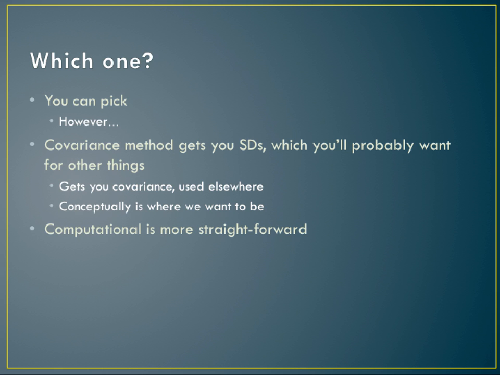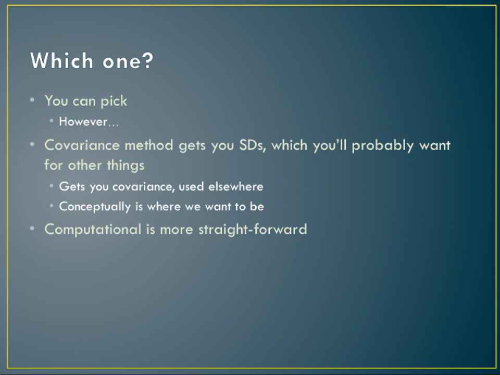Additionally, this is more conceptually what you want to understand about what you're doing. Covariance, just the term covariance and what it does, is an important way to think about your data. As one value is changing, another one does. And like I said, in the next lecture, we'll get into that in more detail. But conceptually, it's a little more where you want to be.